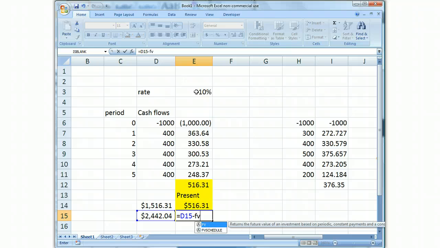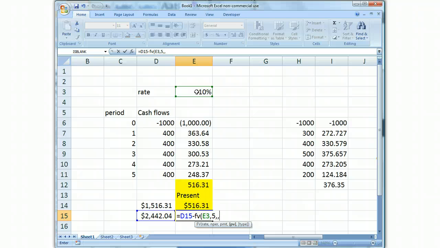the future value of rate 10%, number of periods 5, but this is not a payment. PMT stands for payment, and those are the annuities. I'm going to leave that space blank, and then I'm going to use PV, which is an optional value.